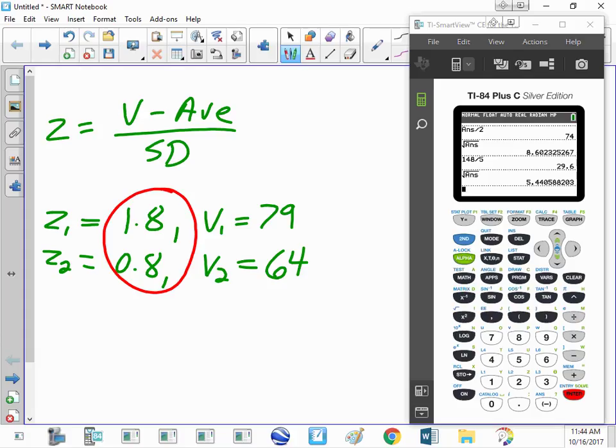There is a 1 SD difference between 79 and 64. So the SD must be not 1, 15. Okay? So it looked a lot harder than it was. So we know that 79 is 1 SD above 64. So the SD must be 15. Now what do we need to know?